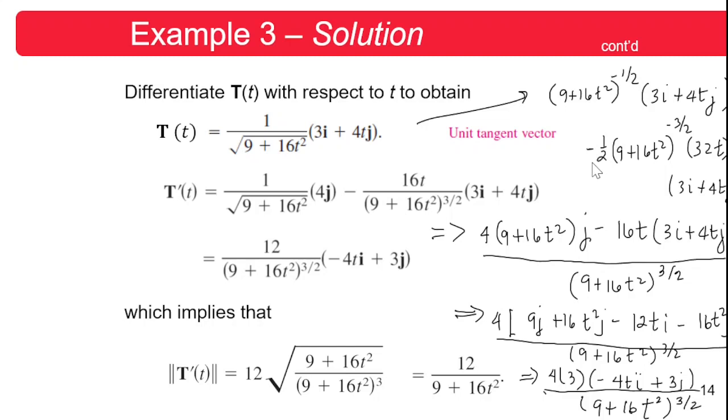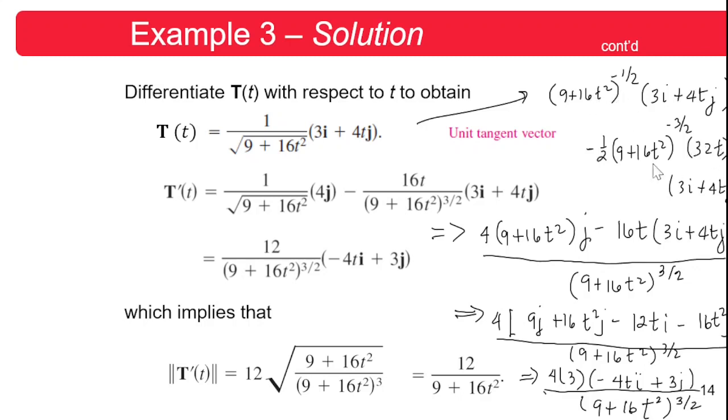So you bring down the exponent, which is negative 1/2, times u, where u is 9 + 16t², raised to negative 1/2 minus 1, which is negative 3/2, times the derivative of u. The derivative of 9 is 0. The derivative of 16t² is 32t.